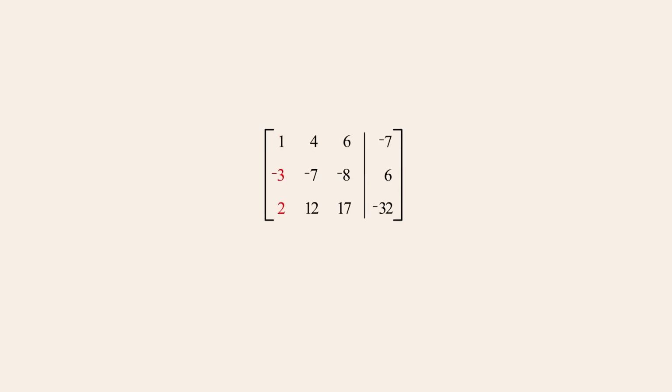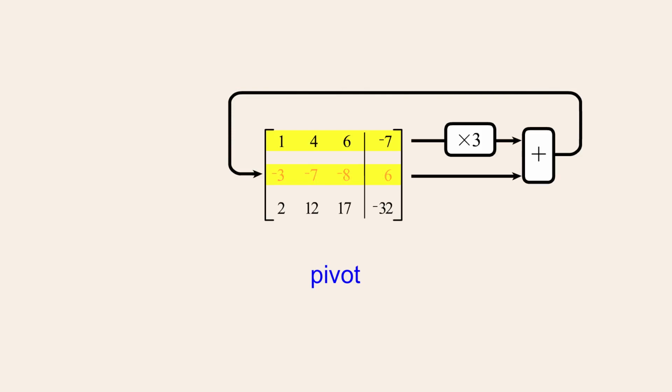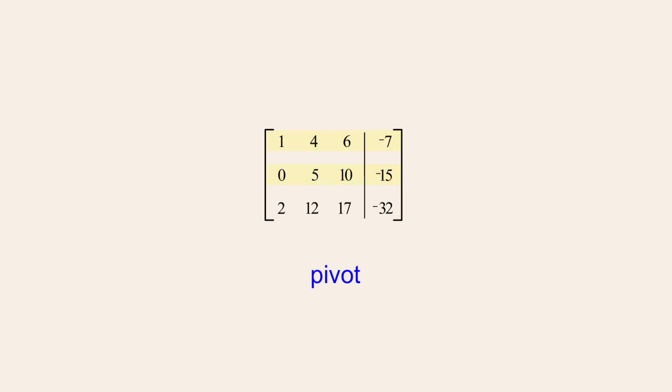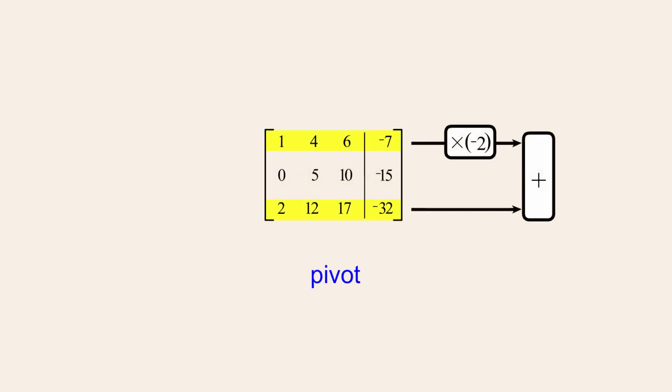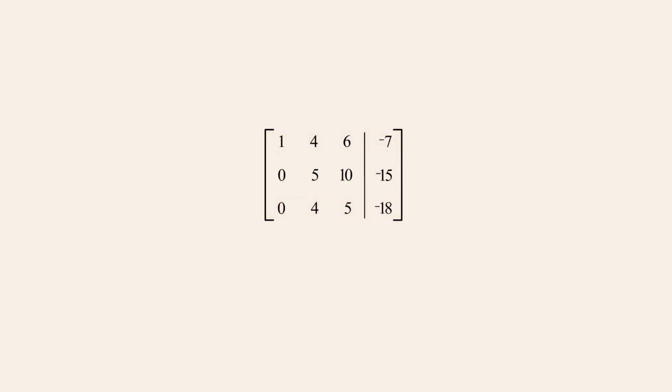We did this using 2 pivot operations. Once column 1 was in order, we could then move on to column 2.